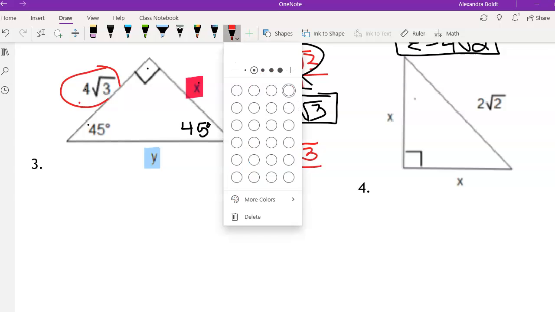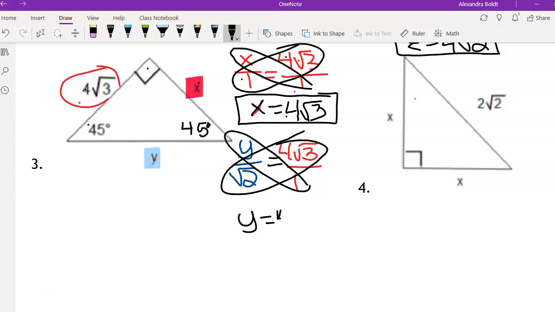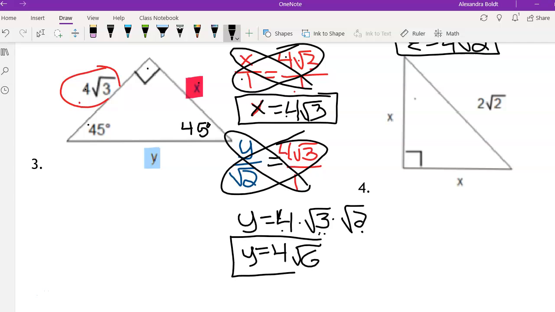It's always equal to the same thing. So I have y equals, because y times 1 is y, 4 times square root 3 times square root 2. These are the two I can actually multiply. 4 does not have a square root. It's different from the others. Square root 3 times square root 2 is square root 6. Done.